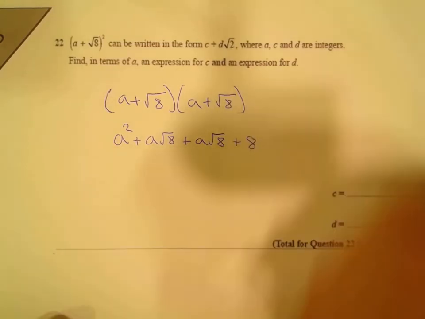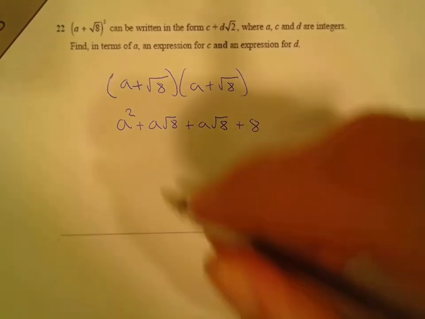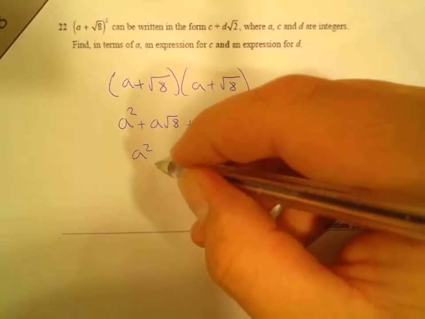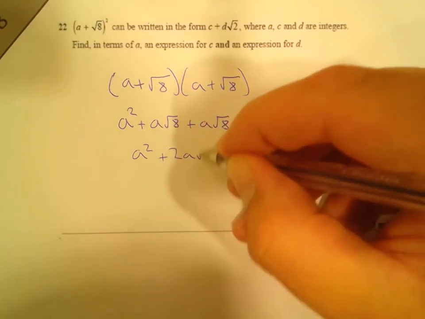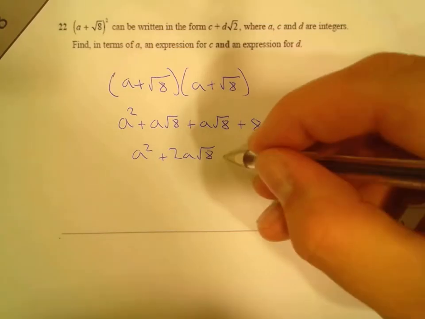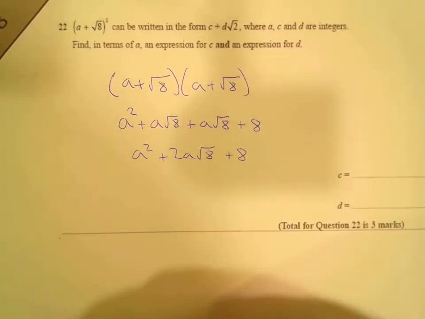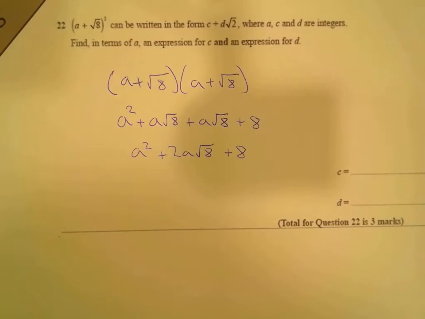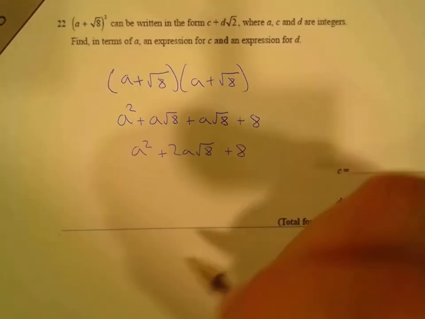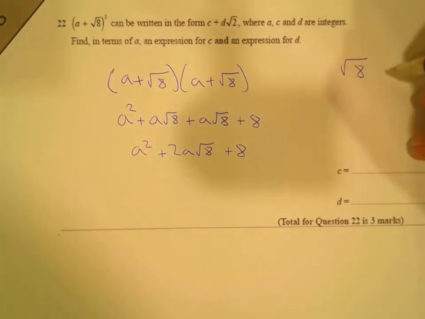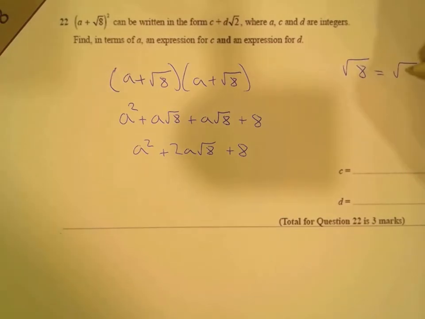So now I can tidy this one up. I'm going to have a squared plus 2a root 8 plus 8. Now I need to look at this and think, how can I tidy this up a bit further? This root 8 can be tidied up a little bit more, because root 8 can really be root of 4 times by root of 2, which is going to be 2 times by root 2, or 2 root 2.